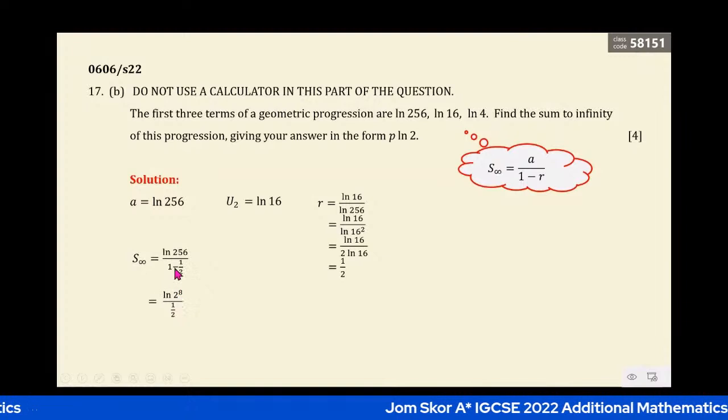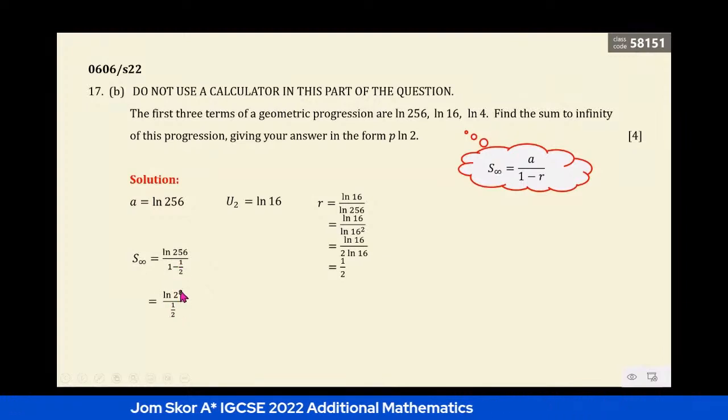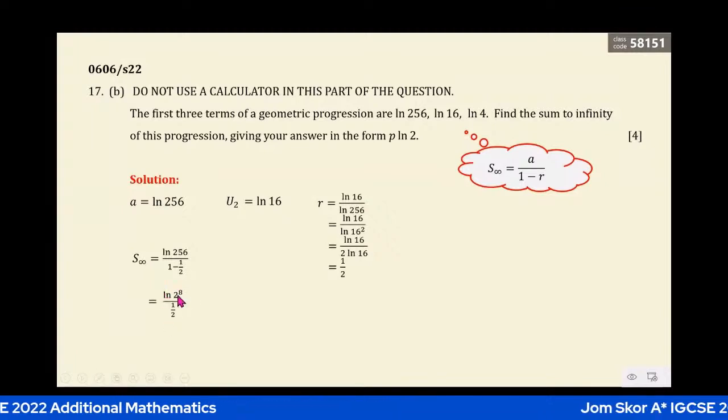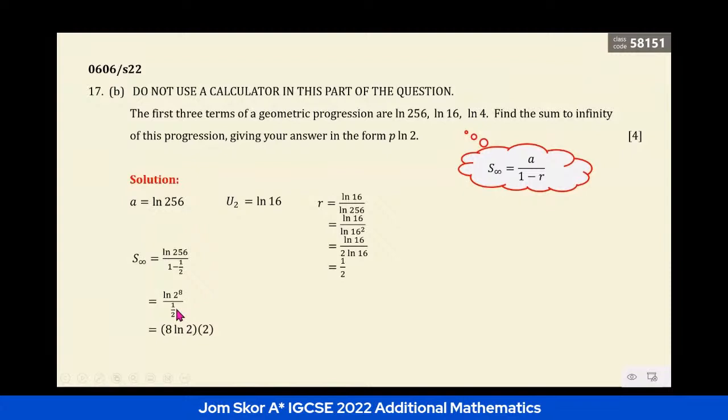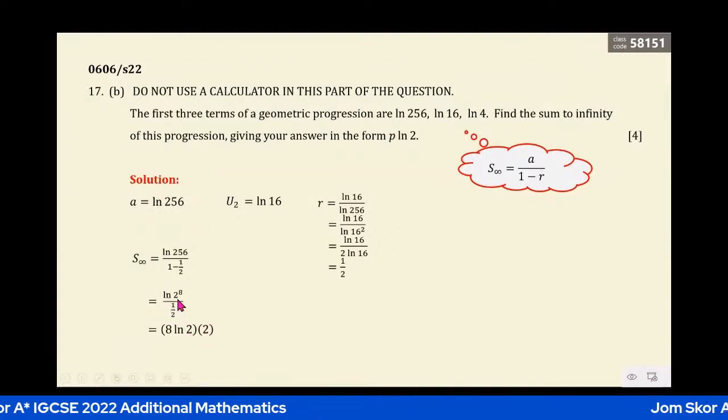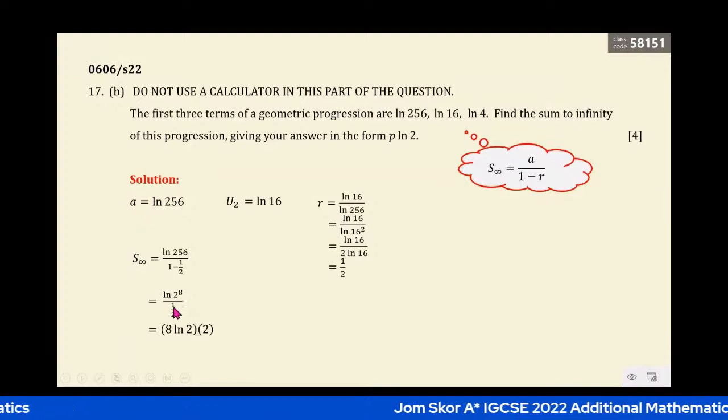Alright. So bawah ni 1 minus 1 over 2 is 1 over 2. So 8 ni guna law of logarithm turun depan jadi 8 ln 2. Okay. 8 ln 2 divide by 1 over 2 samalah dengan 8 ln 2 multiply 2 over 1. Bila divide 1 over 2, kita tukarkan 1 over 2 jadi 2 over 1.